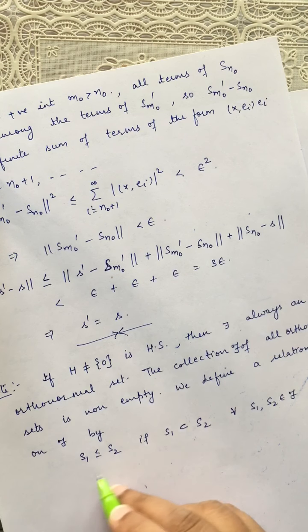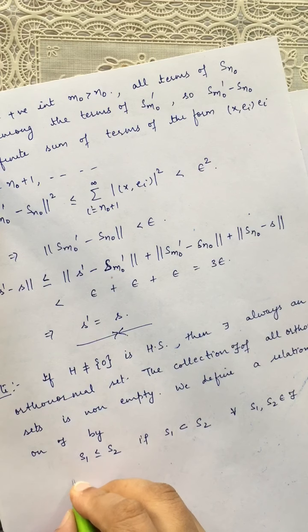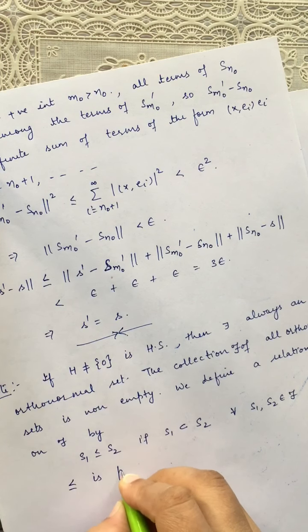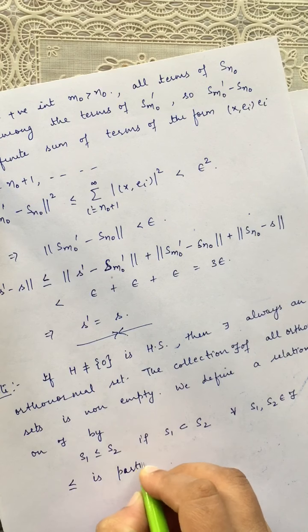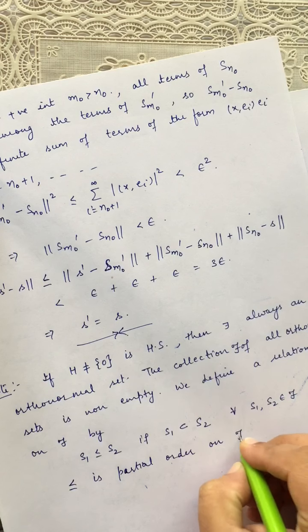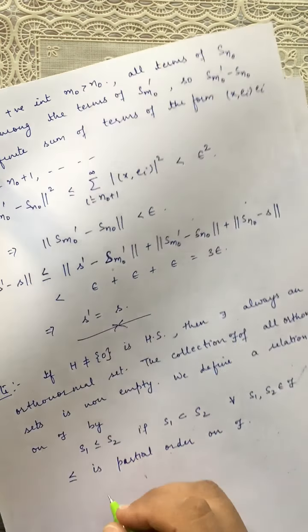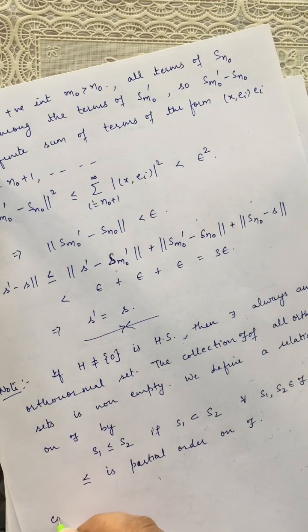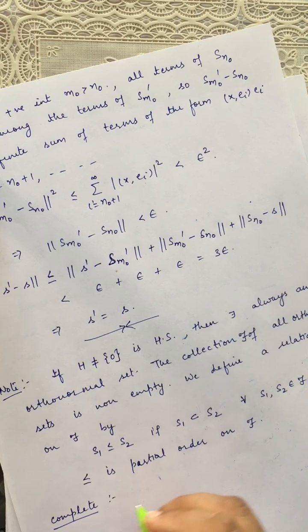So this relation can be proved to be a partial order, which means it is reflexive, antisymmetric, and transitive, and that you can prove easily. So this relation is a partial order on F. Now we define complete orthonormal set.